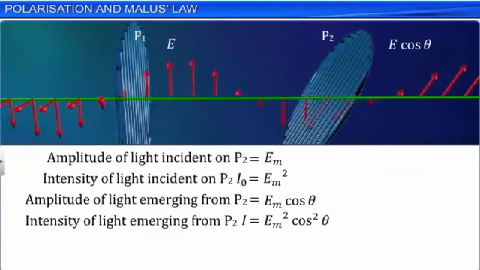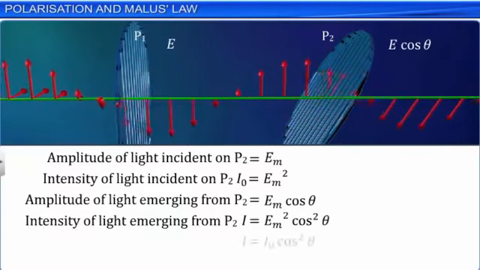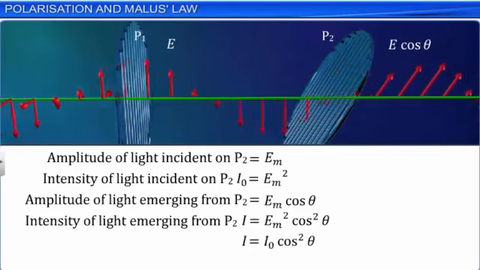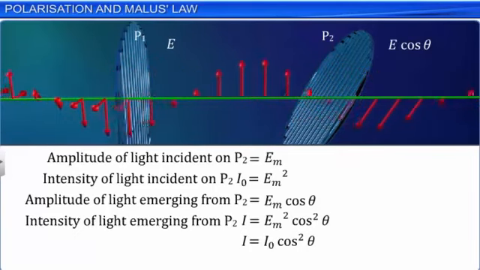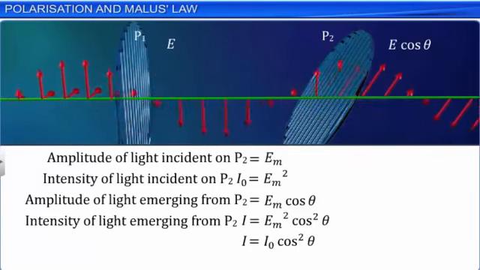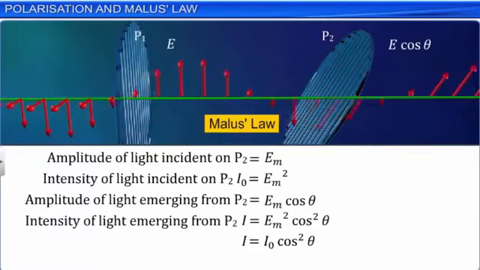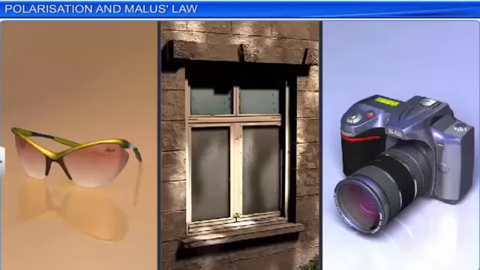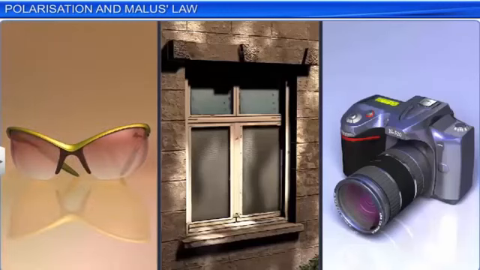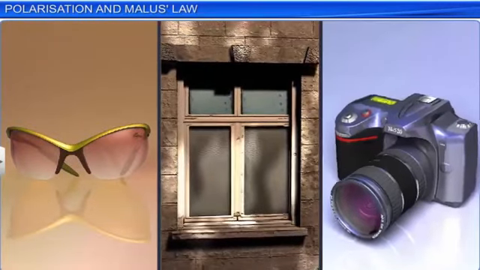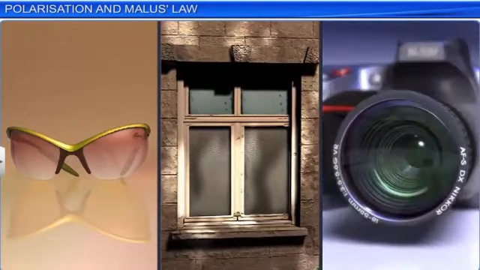This can also be written as I is equal to I0 cos squared theta. This is known as Malus's law. Polaroids are used in sunglasses, window panes, and also in cameras as filters to control the intensity of light.